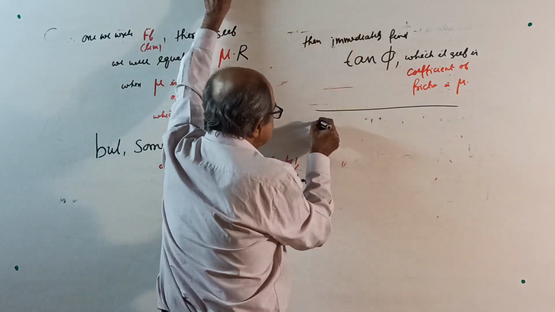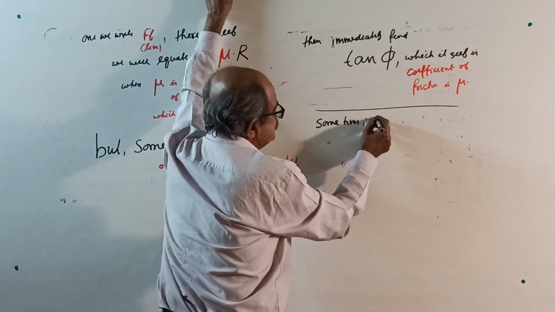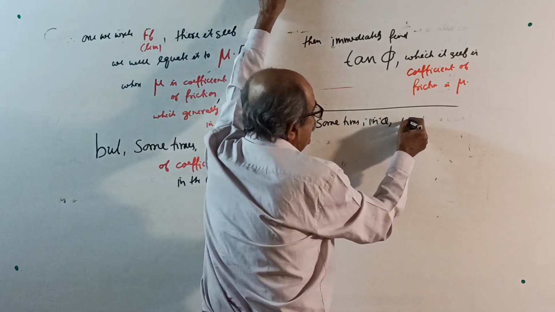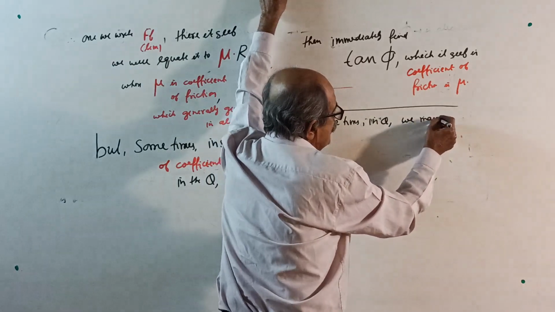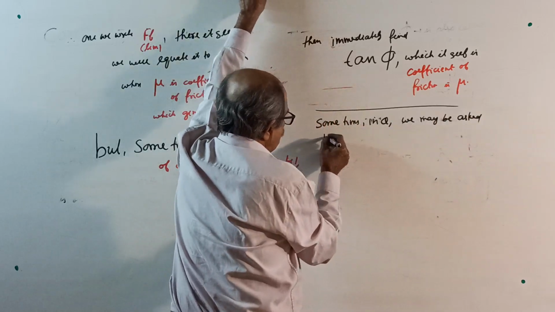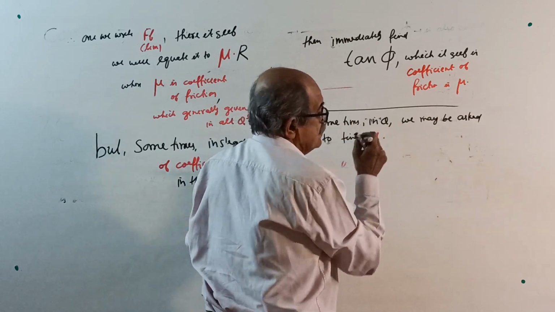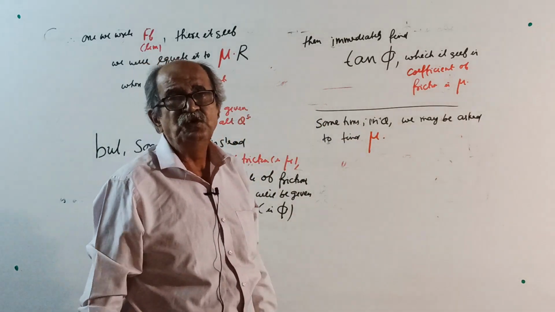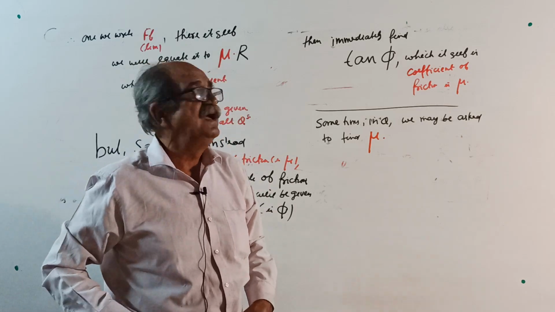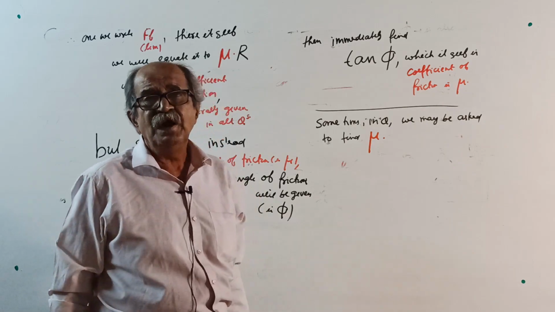And sometimes in a question we may be asked to find mu, the coefficient of friction. Usually the question is to find the force required, but in some rare questions they will ask you, using this data, to find the coefficient of friction.